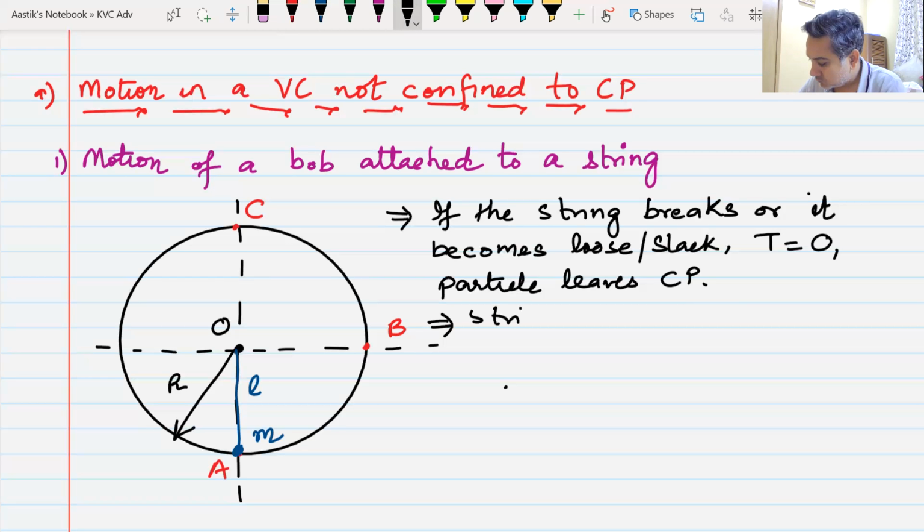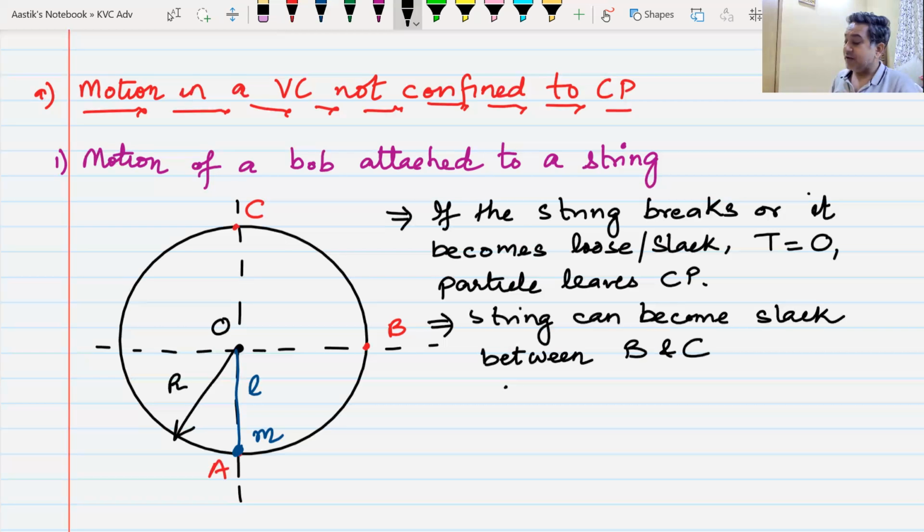String can become loose or slack between B and C. Between any of these 2 points, the string can become slack.